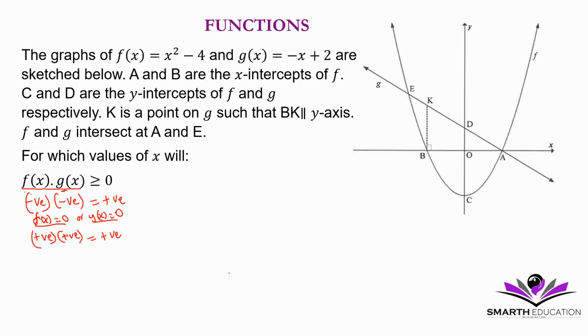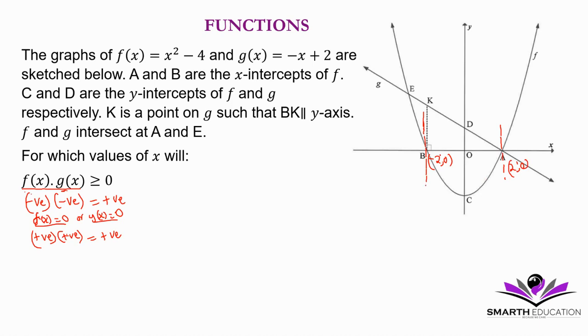They change from being negative to positive at the x-intercept. So like here, we have our x-intercept at B. We found the coordinates of B, which were negative 2, 0. And then we found the coordinates of A, which were 2, 0.